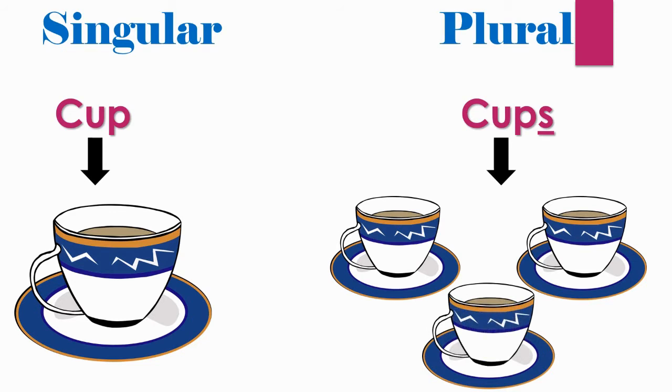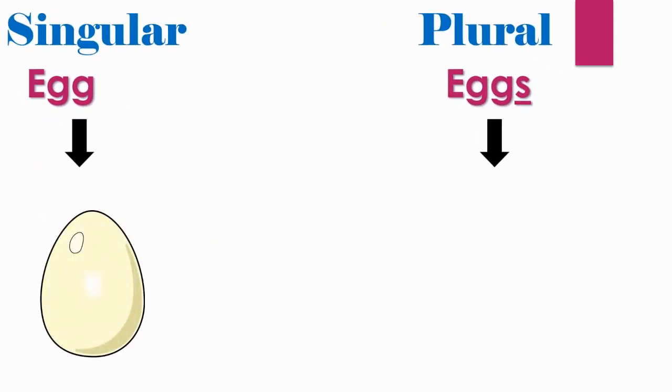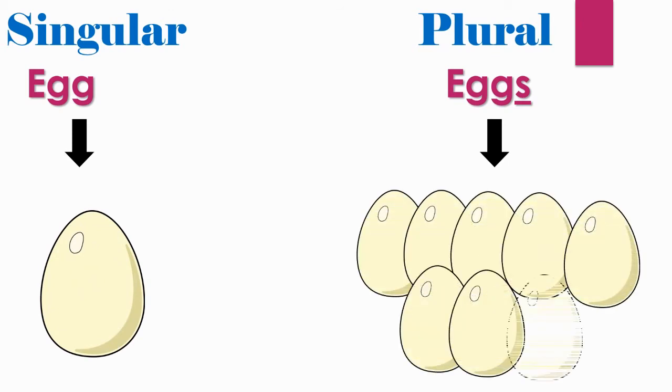Next example is cup, cups. Number of cups in plural column is more than 1. So it is plural. Next example is egg, eggs.